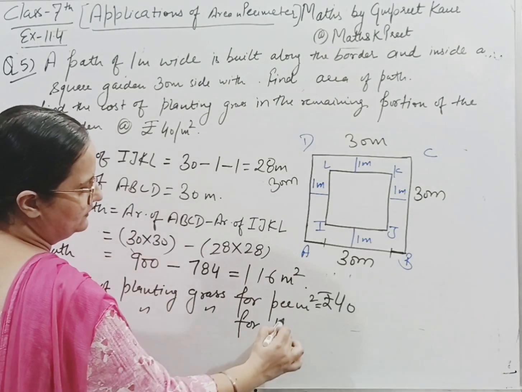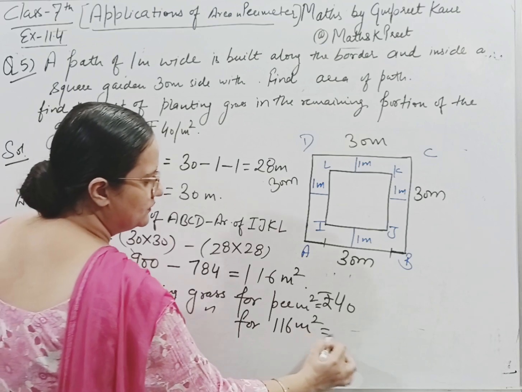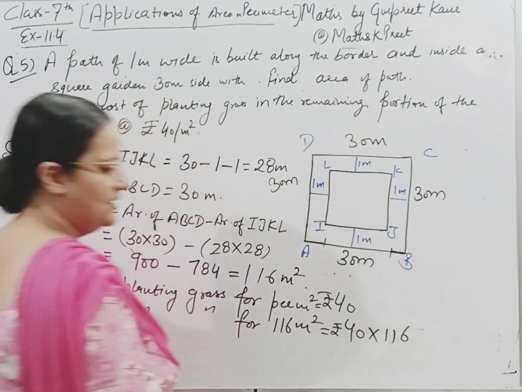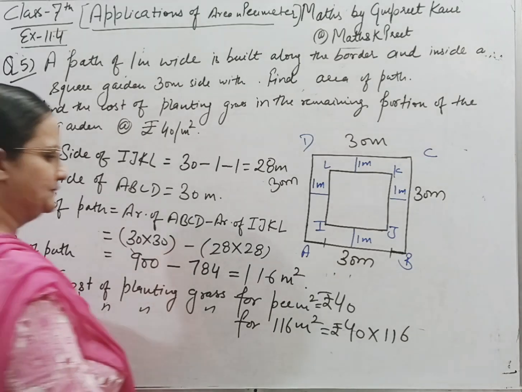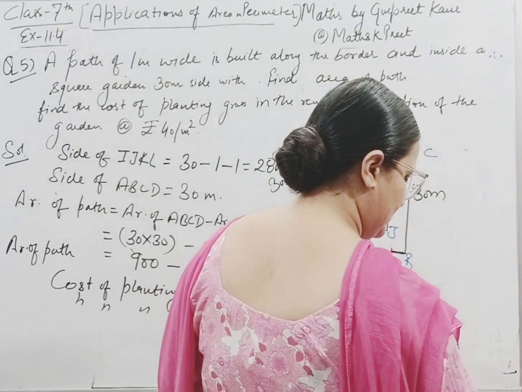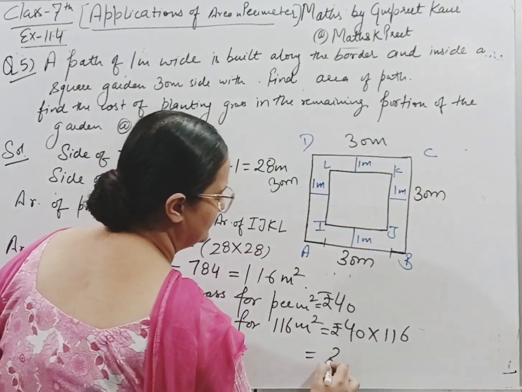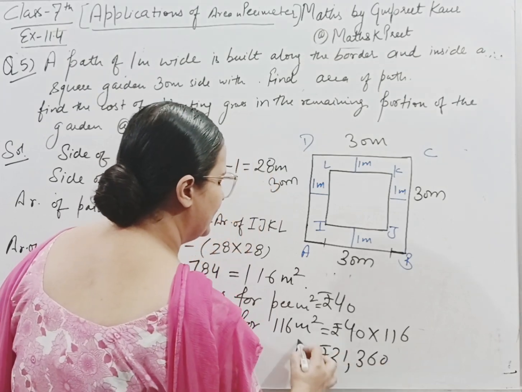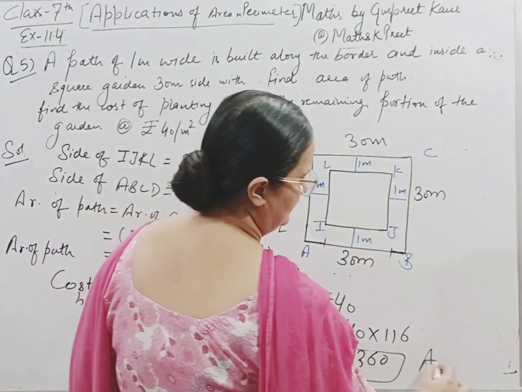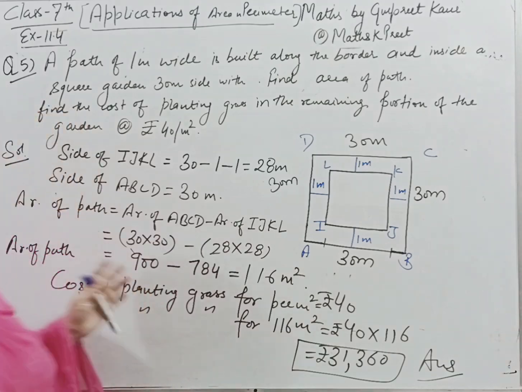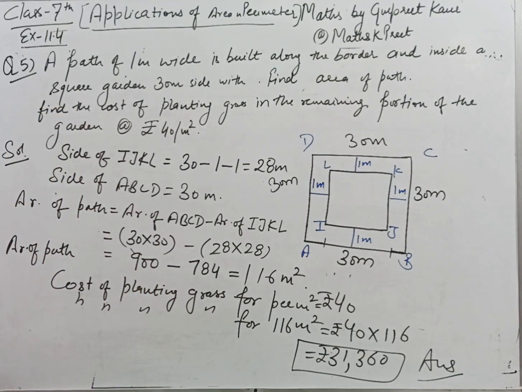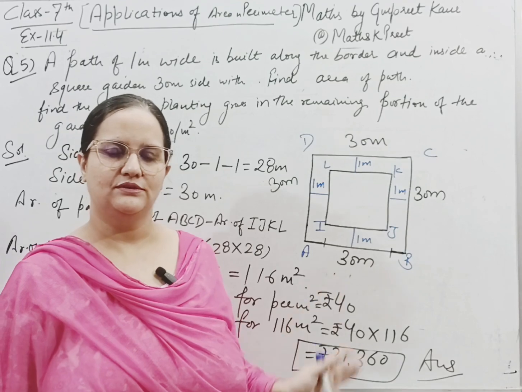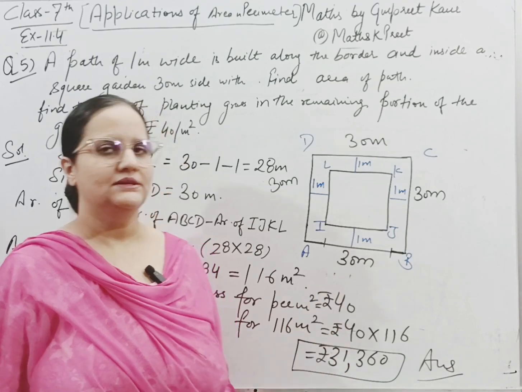We will just multiply this 40 rupees with the total area and you will get your answer in rupees. So what is the answer here? 31360. After multiplying, you will get this amount as the cost of planting the grass in the remaining area IJKL. I hope you understood this question of square as well. Let's see the next question.